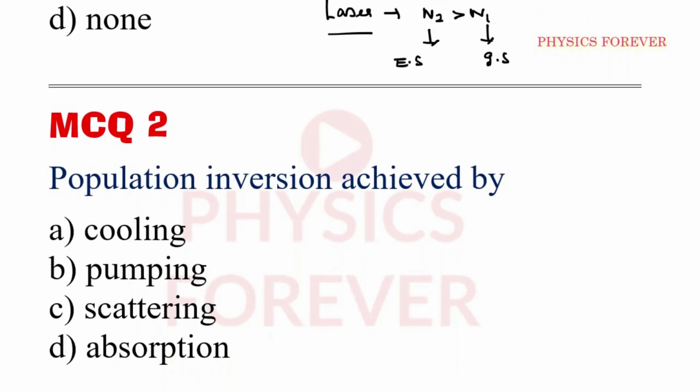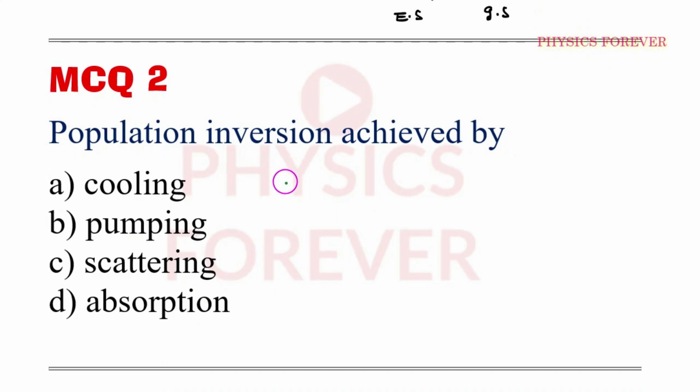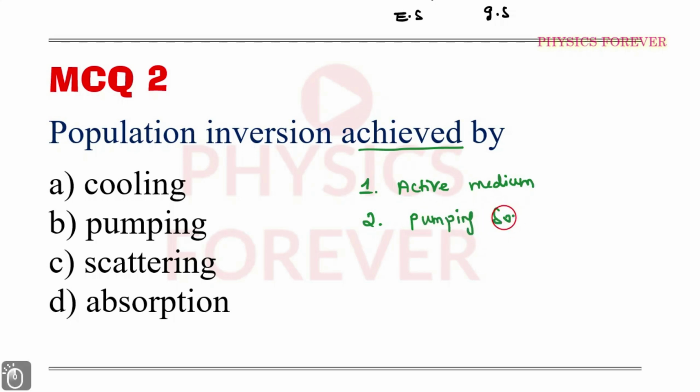Sometimes this is asked in interviews also. Second, how is population inversion achieved? Three things are required for laser: the active medium, the pumping source, and the optical resonator. There are different types of pumping, like optical pumping and electrical pumping.